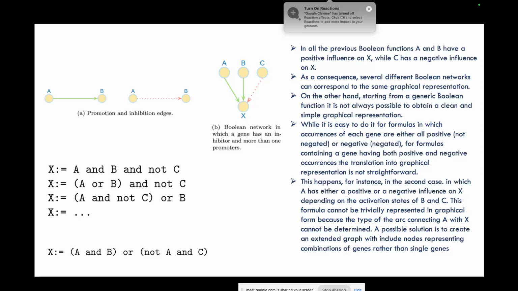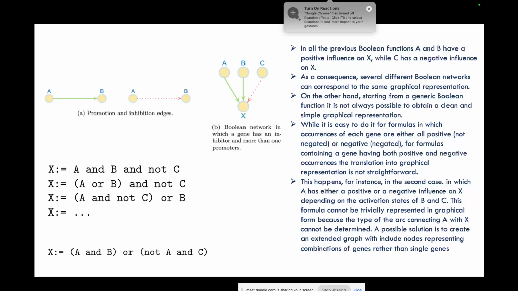So basically what it is saying here is that you can have different Boolean networks which can correspond to a similar graph representation, but the opposite is not easily possible: to have a clean graphical representation from a generic Boolean function.